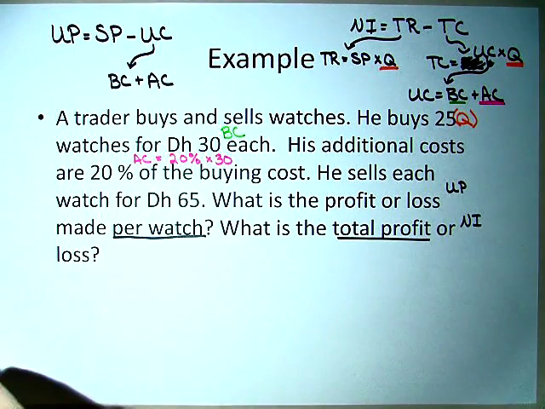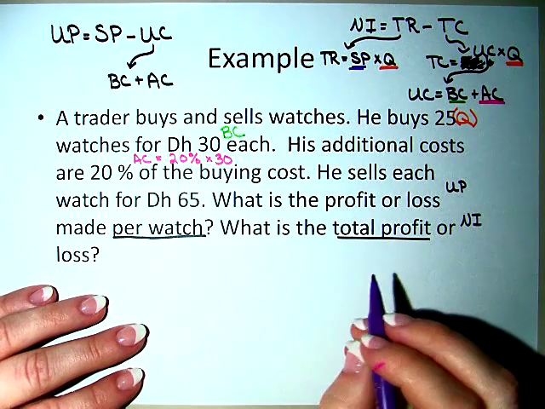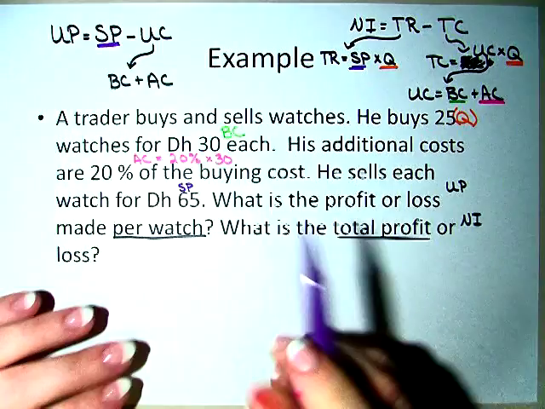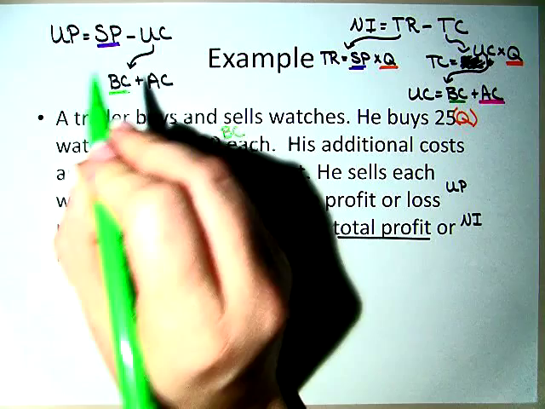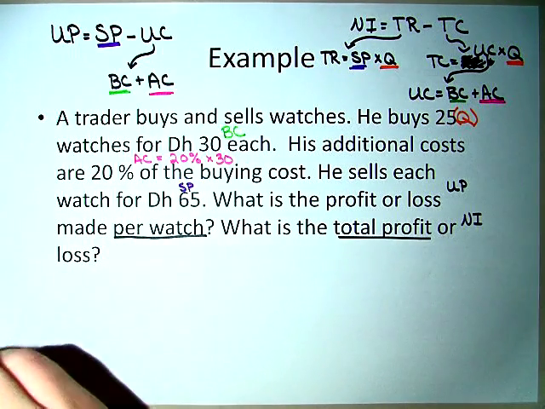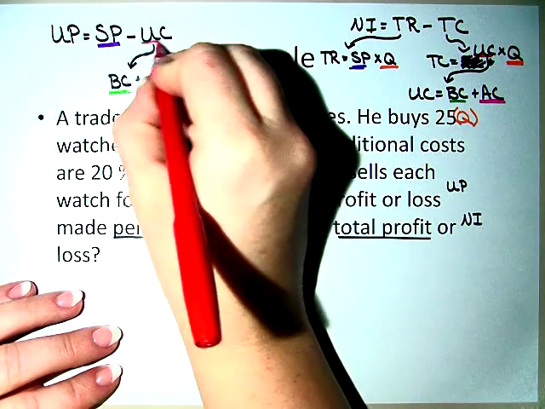He sells each watch for 65 dirhams, so that means his selling price is 65. Okay, so we have the buying cost here, the additional cost. That gives us a unit cost that we'll find out later.